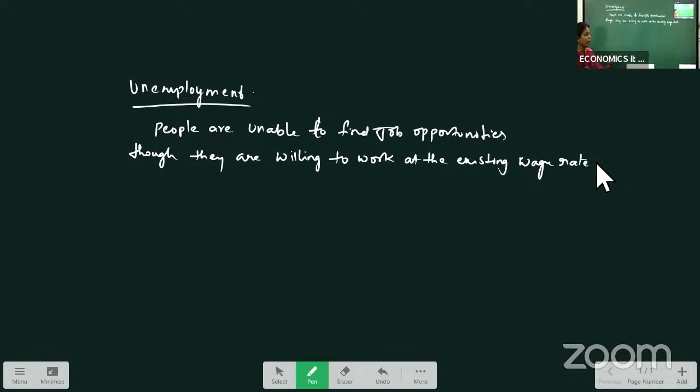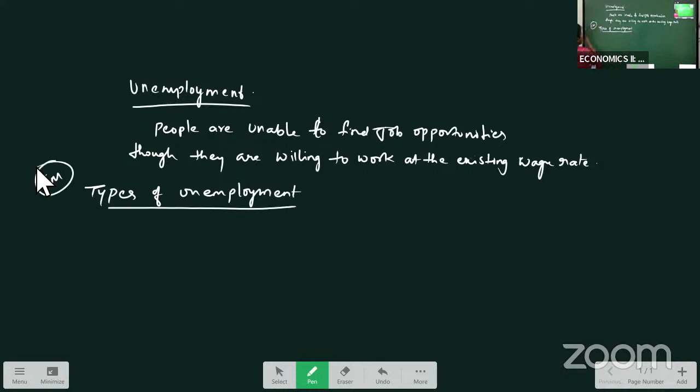So now let us discuss the different types of unemployment and the causes for unemployment. First, the types of unemployment. Very easy and important question, this one. For 5 marks it will come.